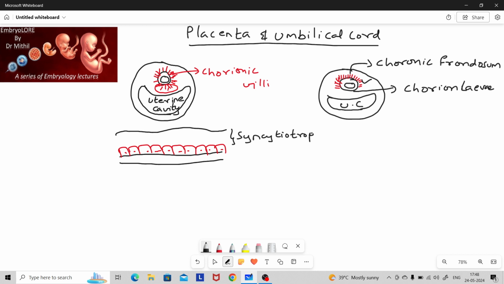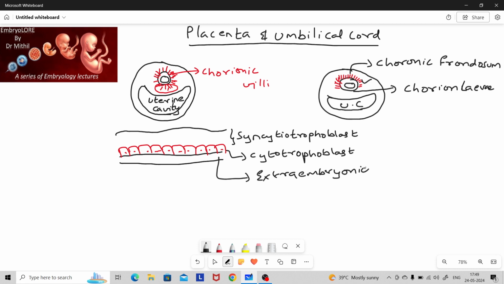So the syncytiotrophoblast and then the cytotrophoblast, and here it is called the extra embryonic mesoderm.